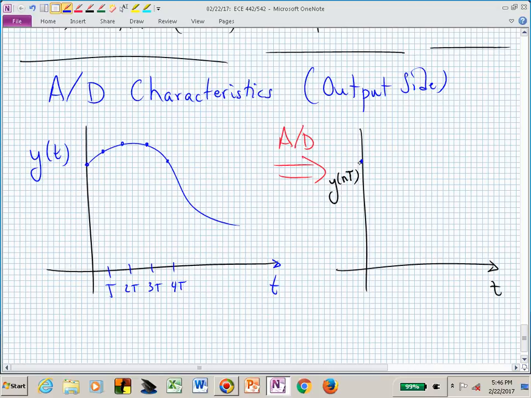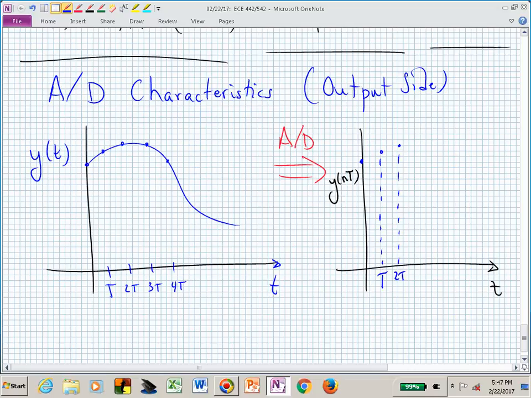So there would be y of 0. Then I would have y of 1, or y of T. I could emphasize that by saying that's the number at time T. Then we have the next number, which is y of 2T.